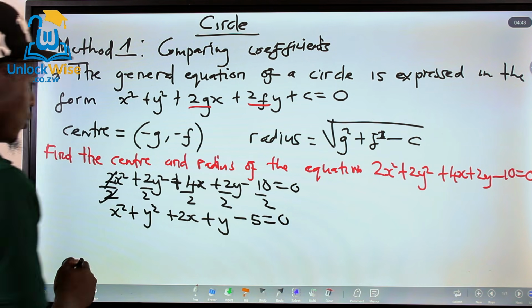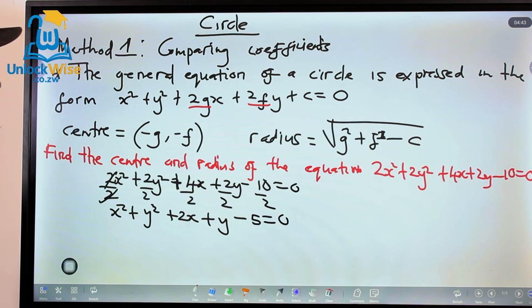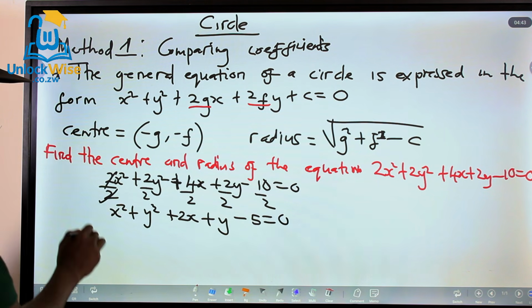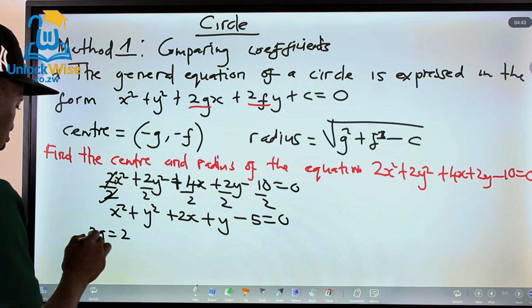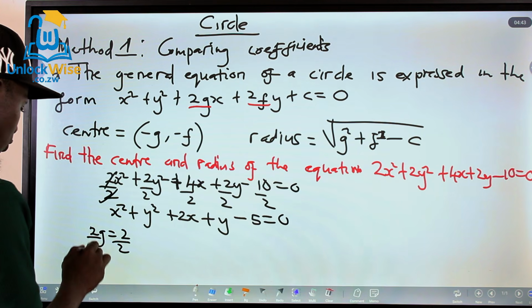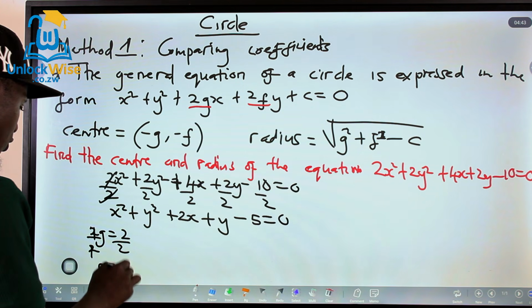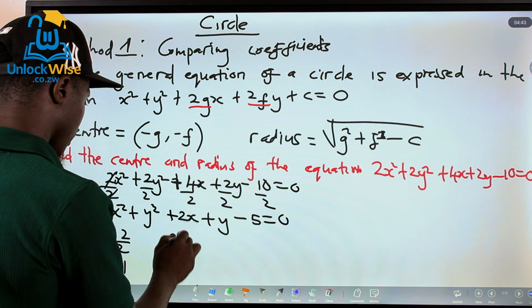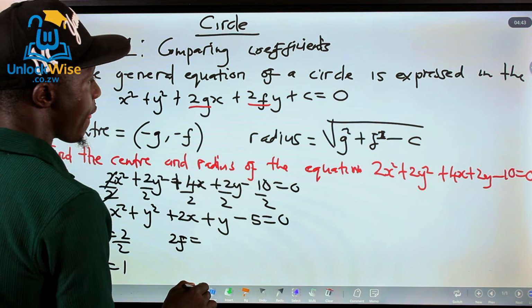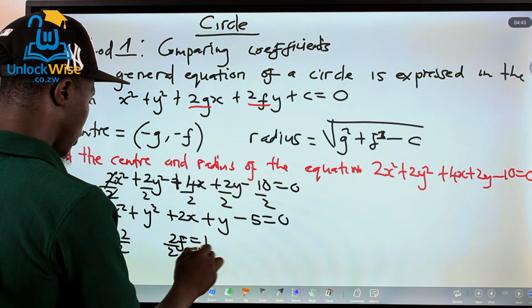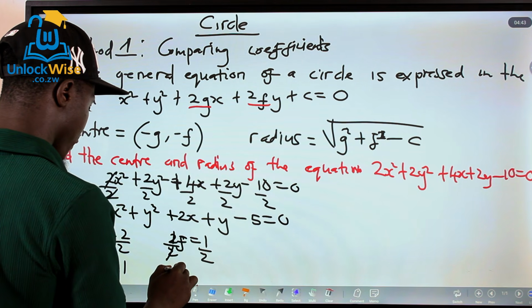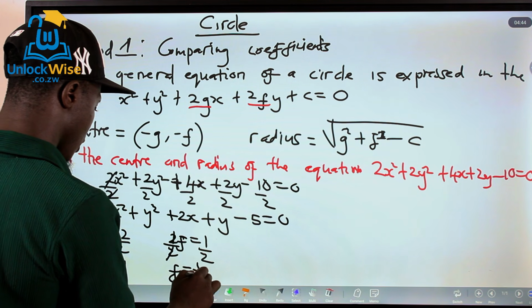Now let's compare the coefficients. 2g is equal to 2, so g is equal to 1. 2f is equal to 1, the coefficient of y, so my f will be equal to half.